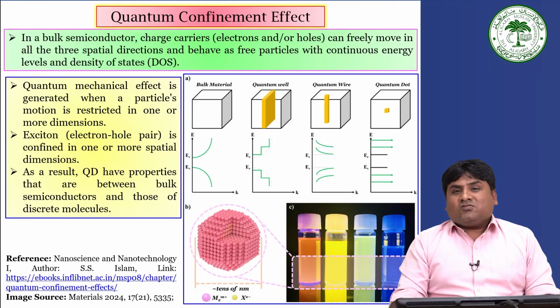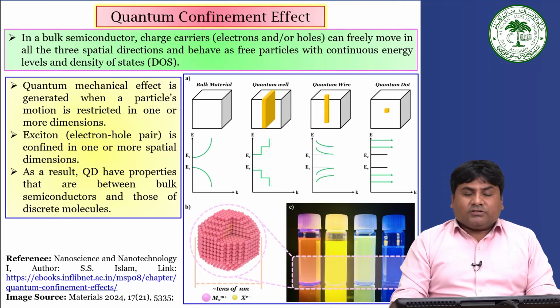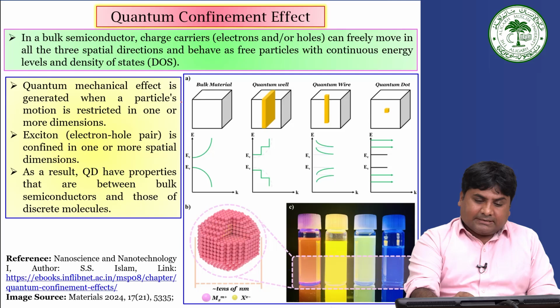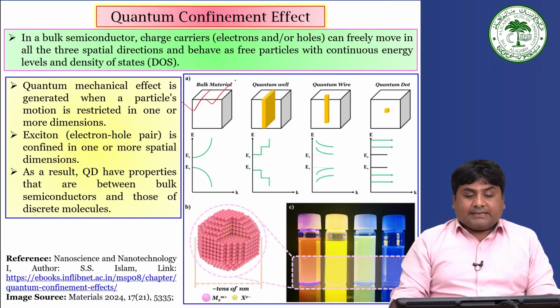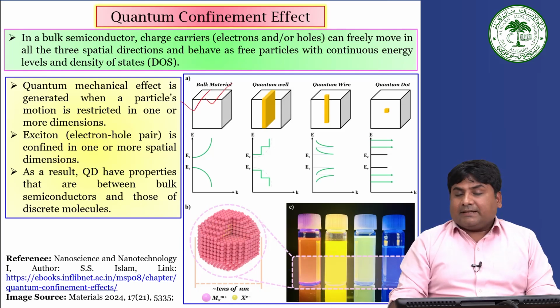So now, what is the quantum confinement effect? Actually, here is the bulk semiconductor. In this case, charge carriers can freely move in all three directions. That means your charge carrier or electron behaves like a free particle with continuous energy levels and density of states.